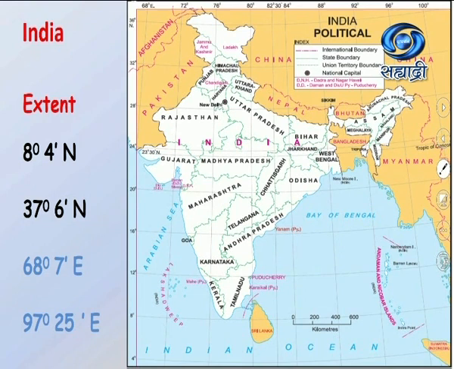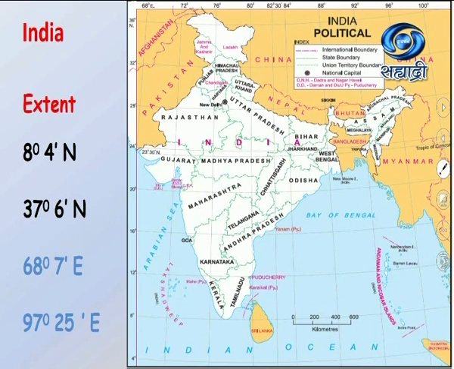The Tropic of Cancer passes right in the middle of the country. It divides the country into two halves, the northern India and the southern India. Now, because the Tropic of Cancer passes through the middle of India, half part of it lies in the temperate zone and the southern part lies in the torrid zone.